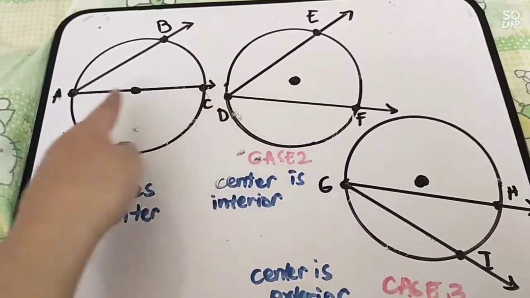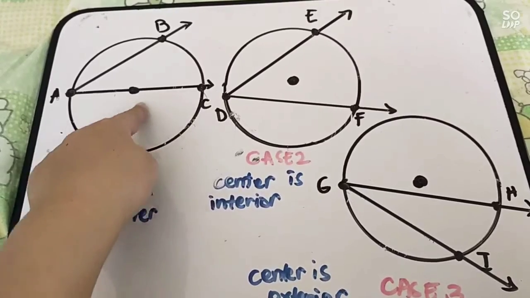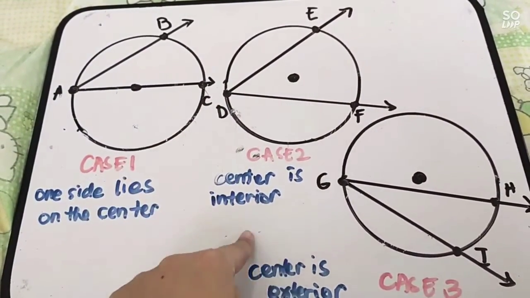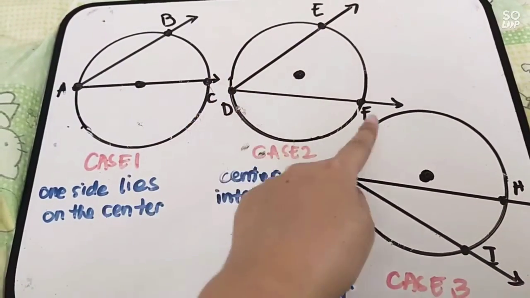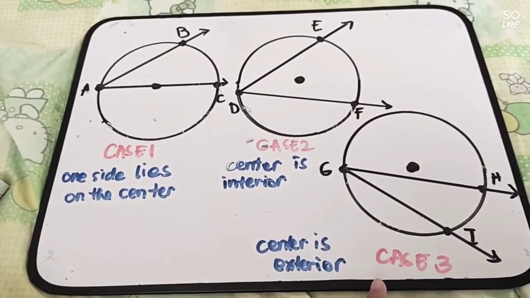One side of the inscribed angle passes through the center itself. That is case 1. In case 2, the center is interior. This means the center is enclosed inside the inscribed angle.